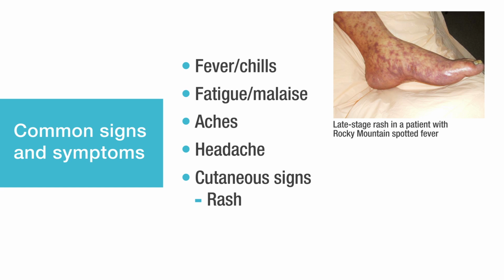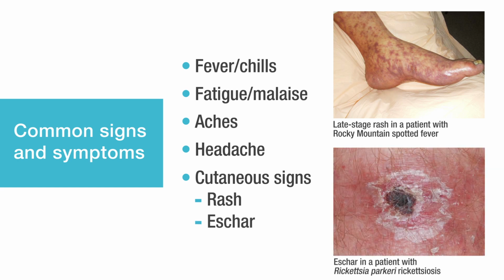Patients with diseases such as Rickettsia parkeri rickettsiosis typically develop a scab-covered ulcer, or eschar, at the site of tick attachment. Because early clinical symptoms are nonspecific, patients are often misdiagnosed with other conditions at their first visit to a healthcare provider. Knowing which testing options are available and recommended can help with rickettsial disease diagnosis.